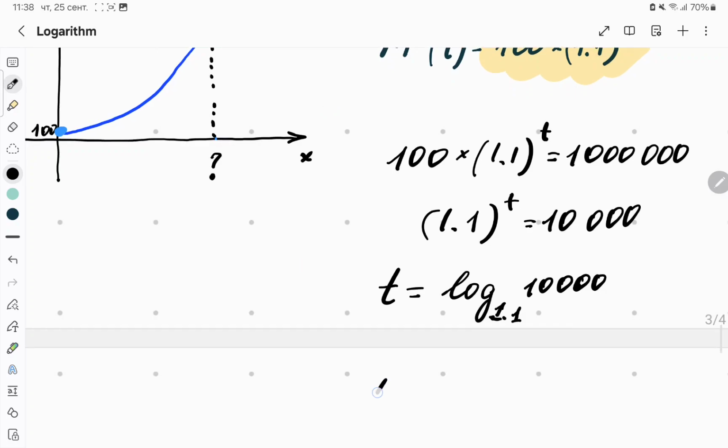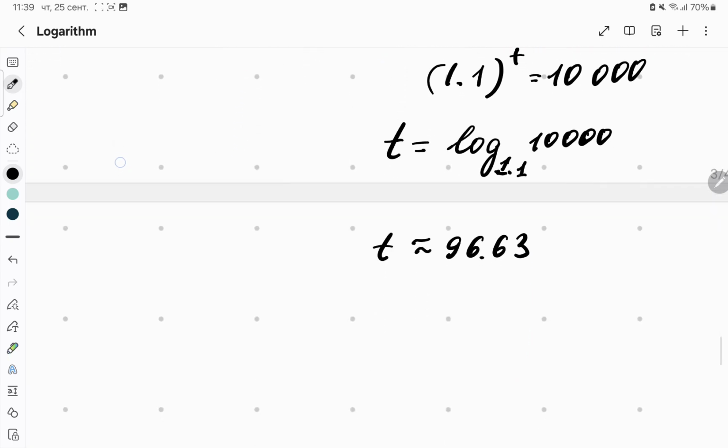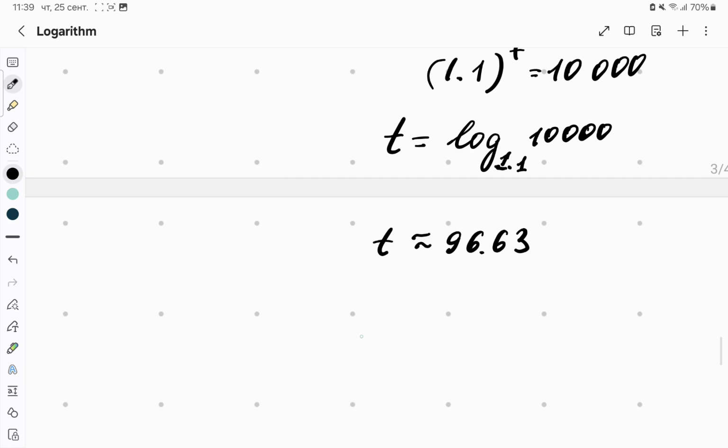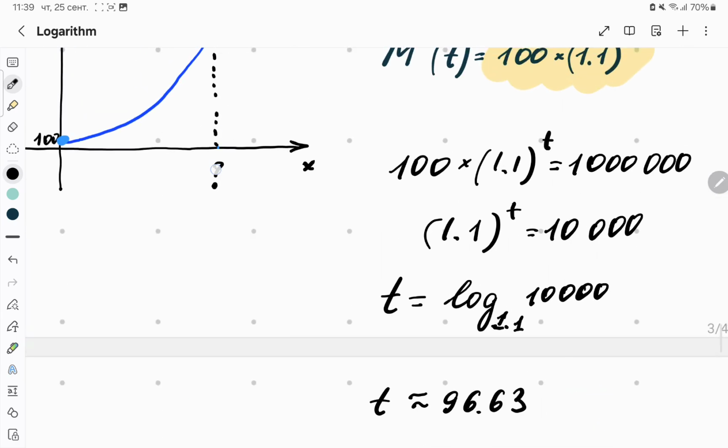Using the calculator, we'll obtain that the approximate value is 96.63. So we need 96 months to become a millionaire. If we divide the number of months by 12 months in a year, we will get 8.05. So we need 8 years to become a millionaire. So it's not so challenging, right? Technically, it's not so challenging.